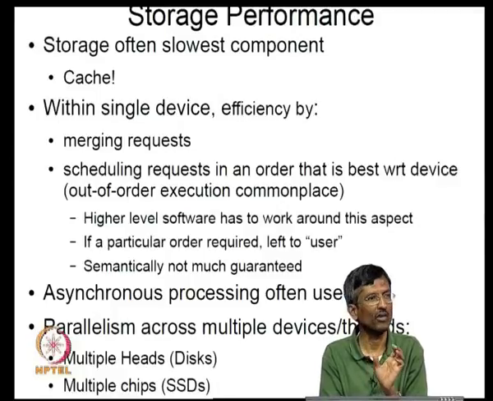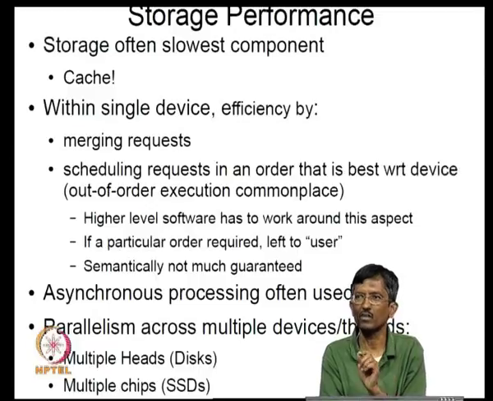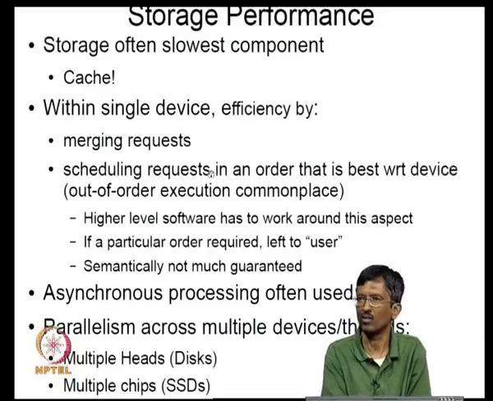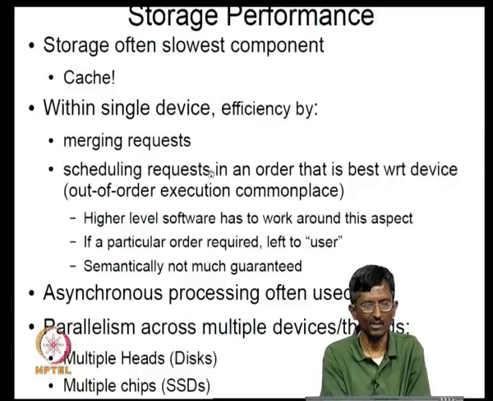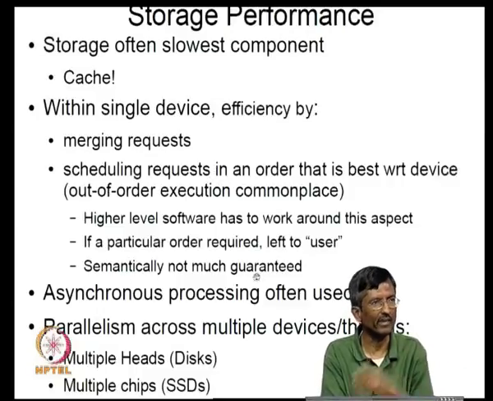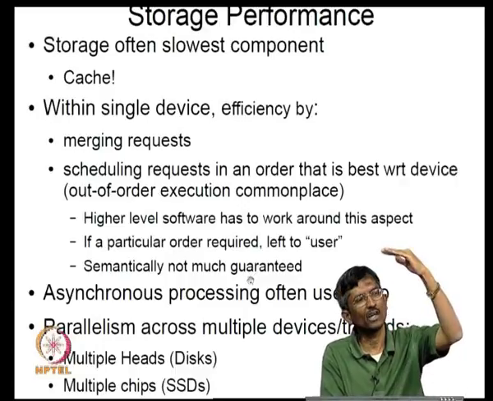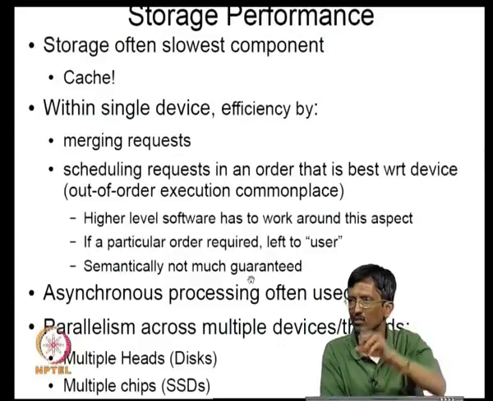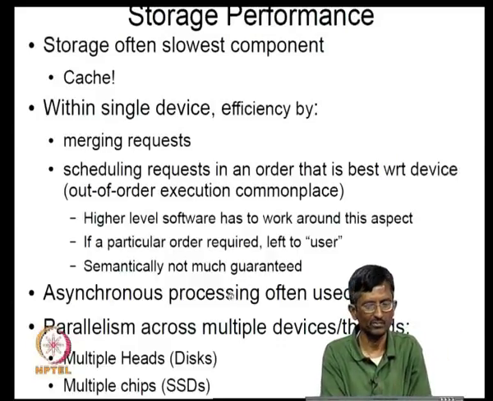For the sanity of the system, it might do strict order, but if it is not told anything about what you are doing, it will do what is good with respect to out of order. So semantically not much is guaranteed, because it is going to do out of order if you don't tell it anything. Sometimes upper level software might think something is FIFO, but actually it is getting reordered. So you have to be careful about this.